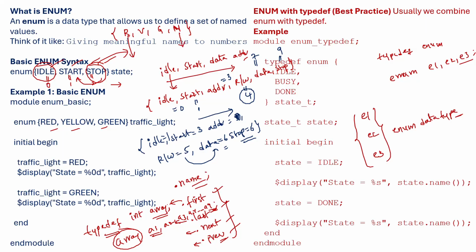Okay, this last is getting next. After that you can give previous, so then previous gives G. Then R is the first, and if you give next, then V will come. Based on that, whatever names you have written in your enum data type will come at the output side. Clear?